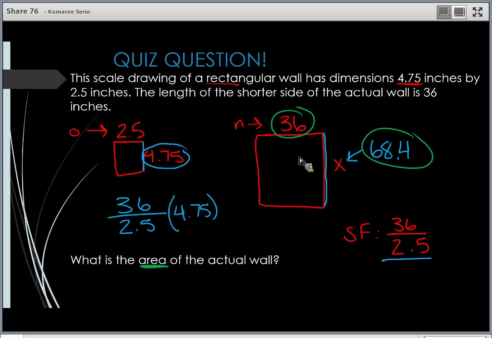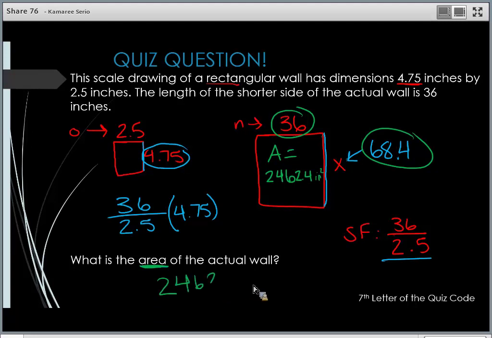So that means that the area here is 2,462.4 inches squared. So the actual area is 2,462.4 inches squared. You can just type in the number, it should be fine.